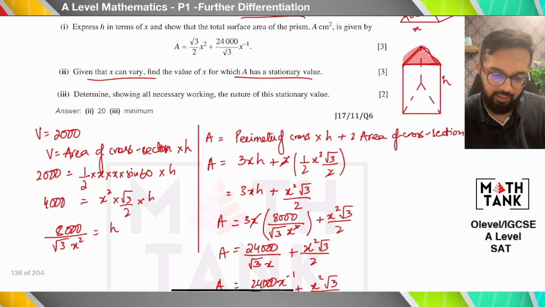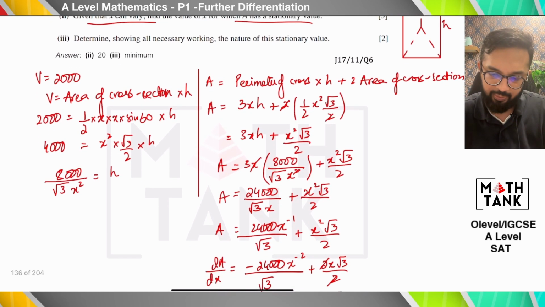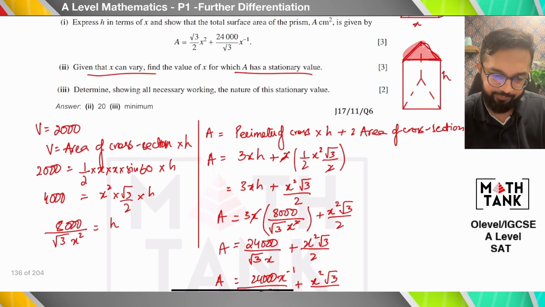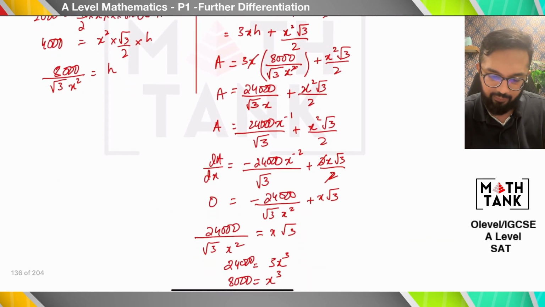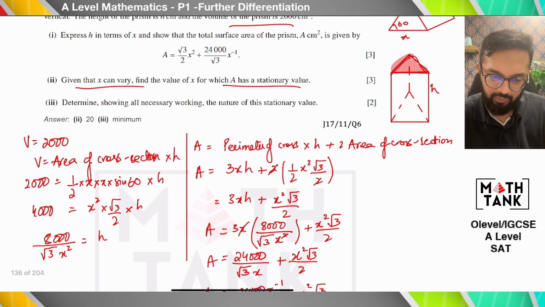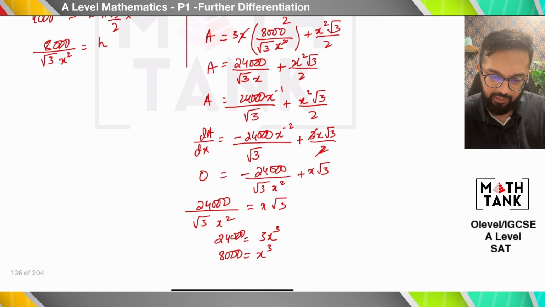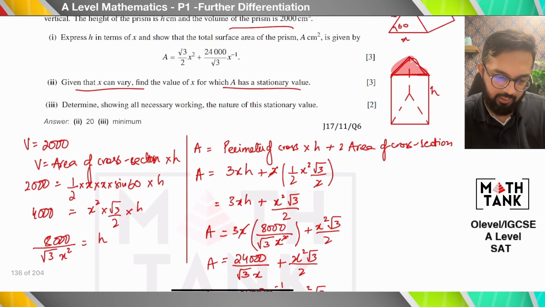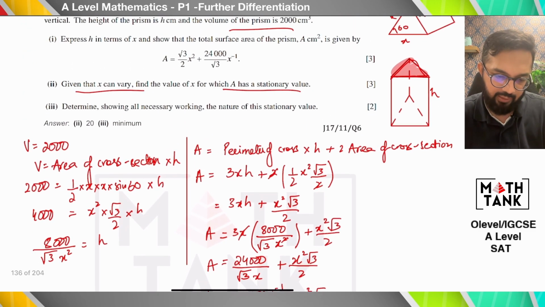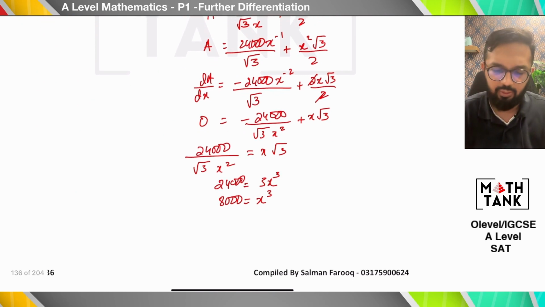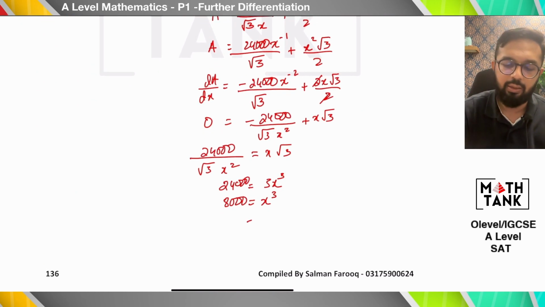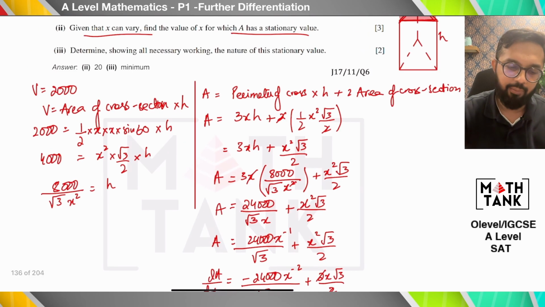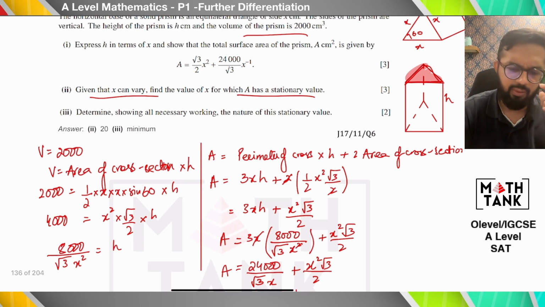Let's try figuring that out. 2 root 3x minus 24,000 over root 3x squared. Find the value of x. So this should be about 8,000. Yeah, I think I'm getting it correct. X equals cube root of 8,000. That gives me 20. Yeah, and there was a square root with square that got me a little confused.